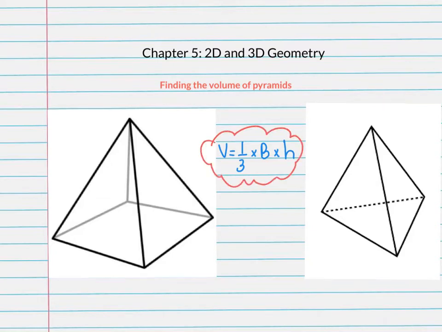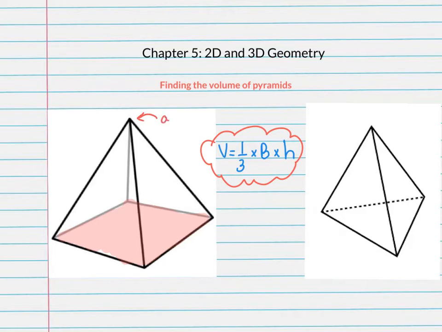Now, let's look at the figures here. The first figure is the square-based pyramid. The base is a square here. This is the base in the square-based pyramid. And now the height. The height of the whole pyramid is a straight line that drops from the point at the top, which we call an apex.